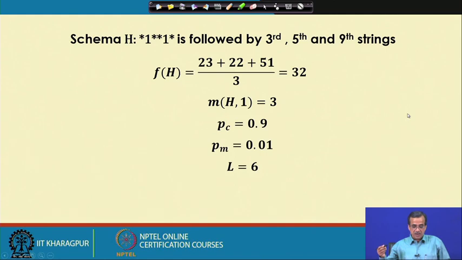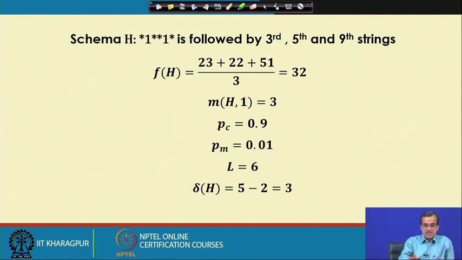Now, we have Pc equals 0.9, Pm equals 0.01, and the length of the string, denoted by capital L, is 6. Delta H, the defining length of this schema, is nothing but the difference between the last and first fixed bits.